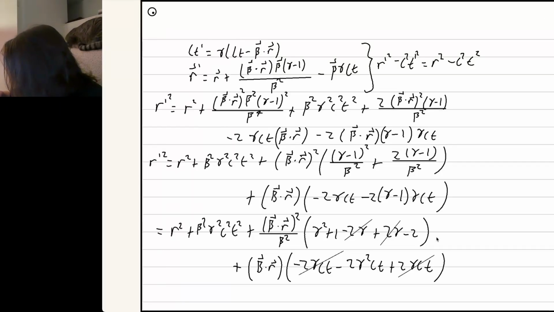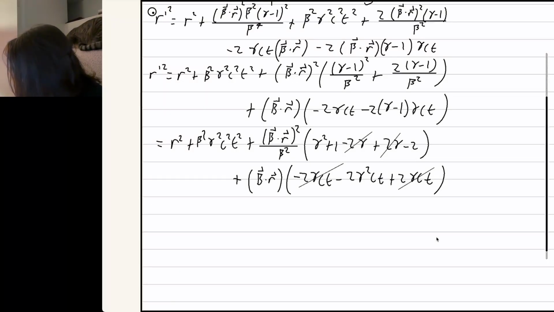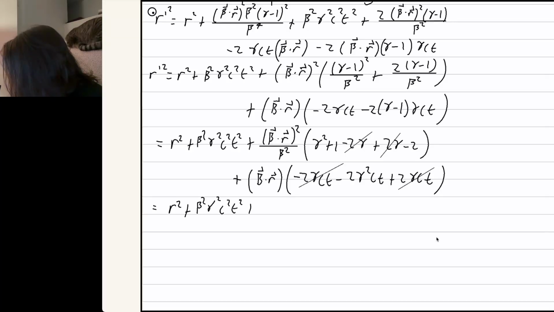In the end, we will have r squared plus beta squared gamma squared c squared t squared plus beta dot r squared over beta squared times (gamma squared minus 1), minus 2 gamma squared ct beta dot r.